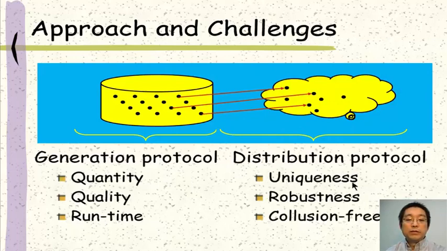Uniqueness means that different users must receive distinct fingerprinted IPs in order to provide high credibility about their identity. And robustness requires it to be very difficult for attackers to remove or change the fingerprints. Finally, the fingerprinted IPs should be very different from each other in order to prevent collusion.